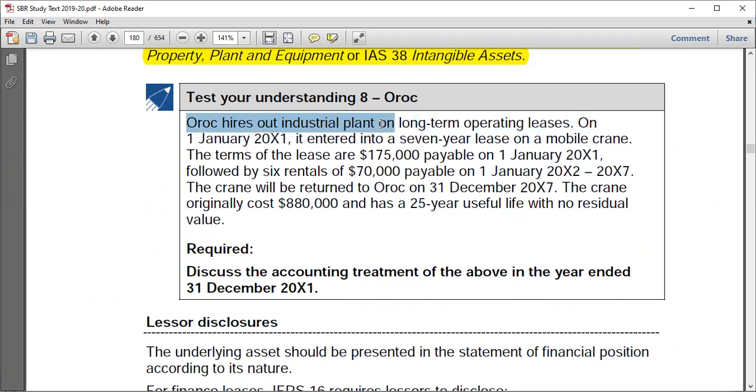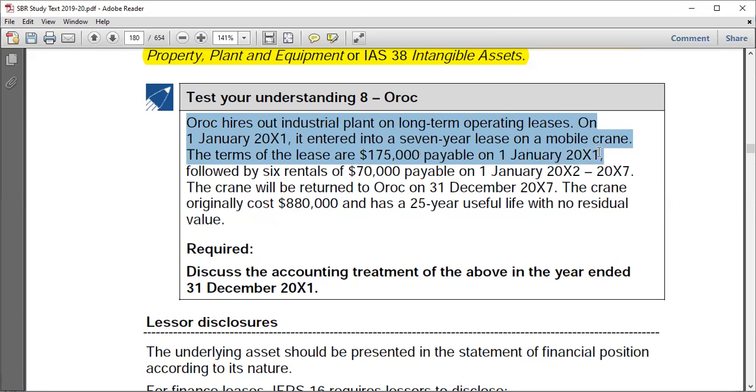Orok hires out that. If Orok hires out, that means Orok is the lessor, right? On 1st January 2021, it entered into a 7-year lease on a mobile crane. The terms of the lease are $175,000 payable on 1st January 2021.